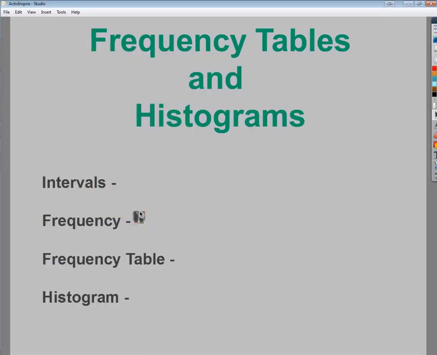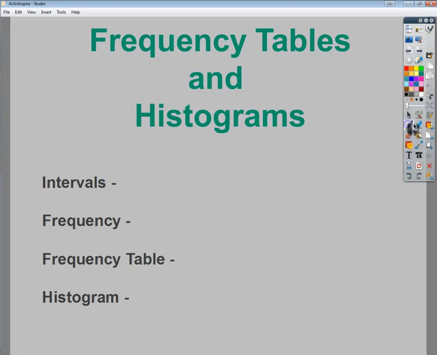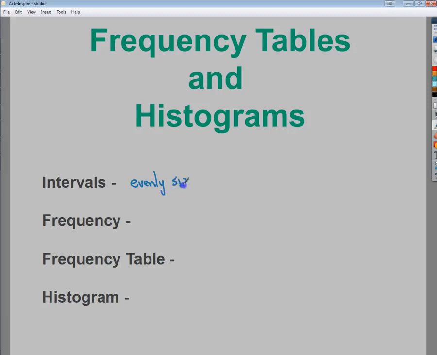In this video, I'm going to talk about the idea of frequency tables and histograms. Basically, a frequency table is when you take a set of numbers, so you want to have data, and you want to break it into intervals, which are basically evenly sized groups.